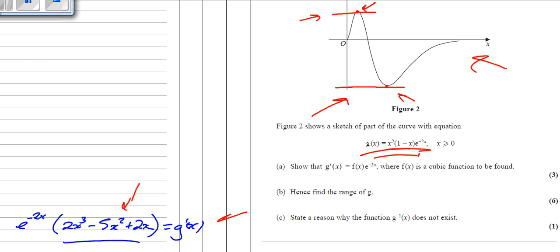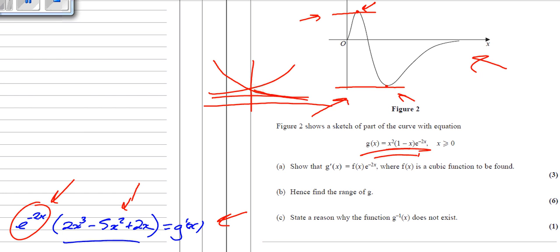So this is our gradient function here. Now the e to the minus 2x never equals 0 because the exponential function looks like that, and despite my awful drawing, never touches the x-axis. So this thing can never equal 0. Therefore we've got to make this thing equal 0.